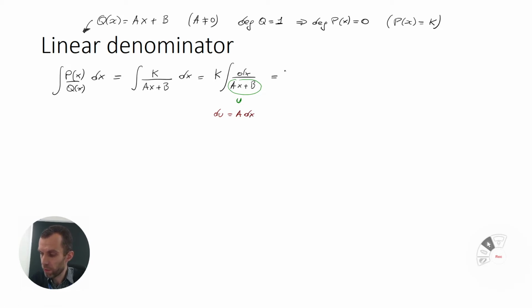And finally, my entire expression becomes k over a du over u. So k over a ln absolute value of u plus my integration constant, and so that's k over a ln absolute value of ax plus b plus my integration constant.